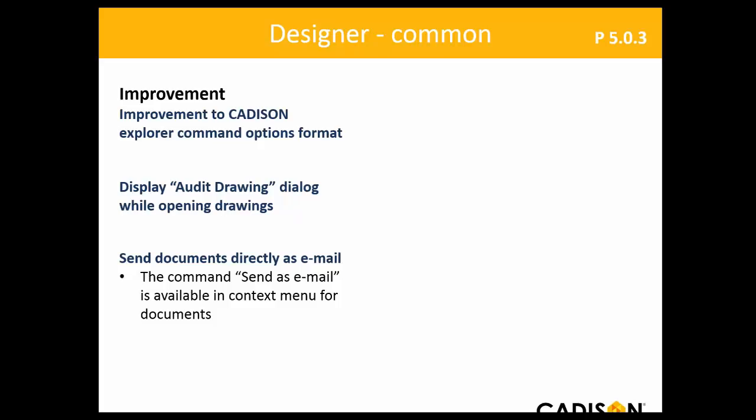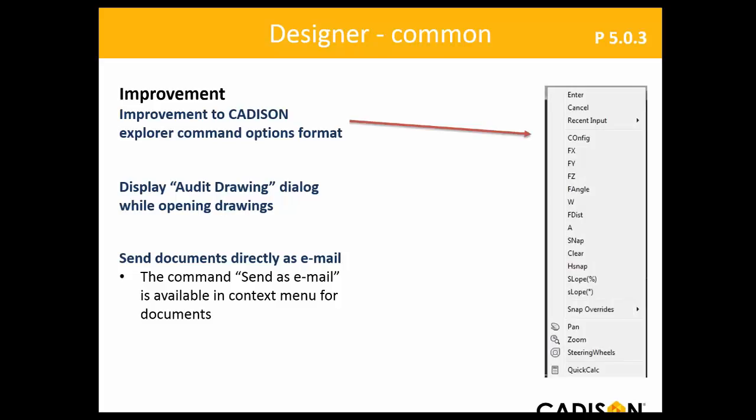More improvements that we also built in is the part of the Explorer command options format. That means before it was the list that you see here in the command line in AutoCAD, and now during your working, if you right click, you will get this content, and you can also select the items like that what we have in AutoCAD.